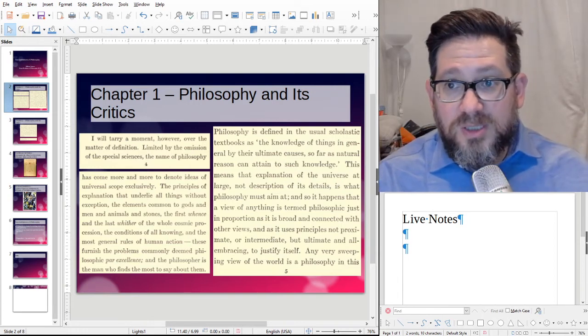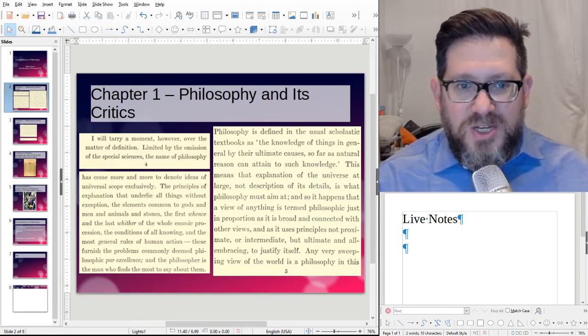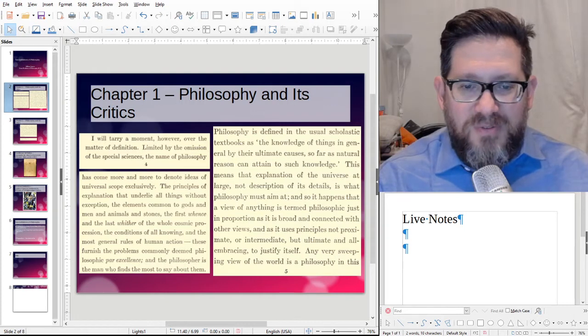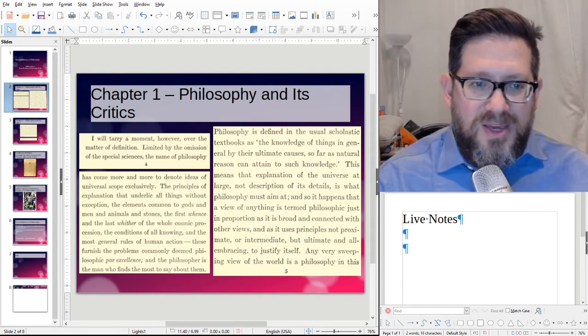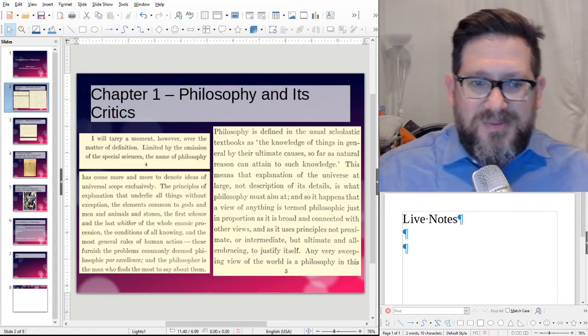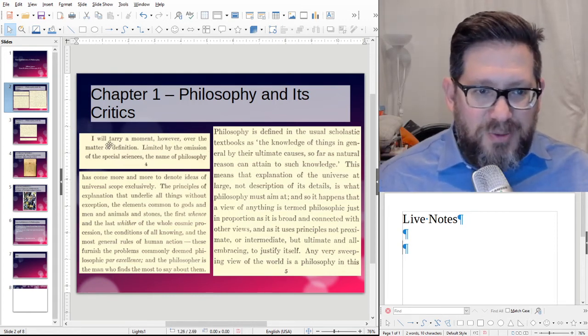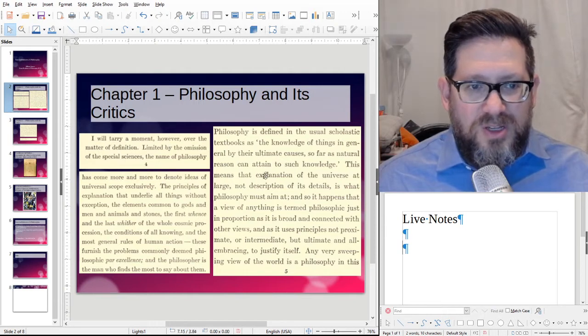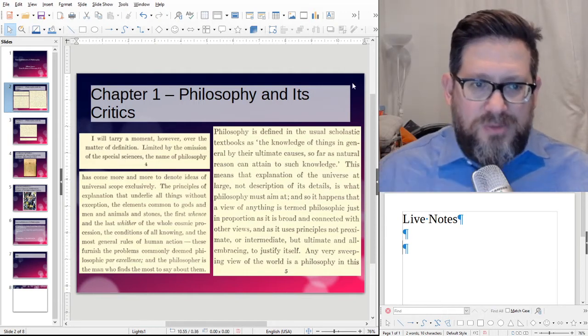Of course, by page 4, so not even that far in, he says, okay, let me actually talk a little bit about definitions. See it over here. He says, I will tarry a moment, however, over the matter of definition.